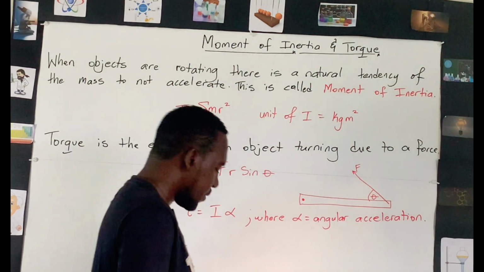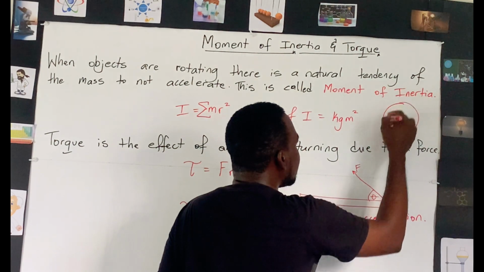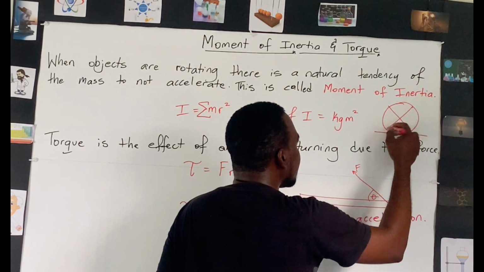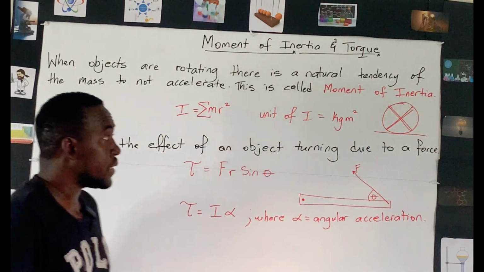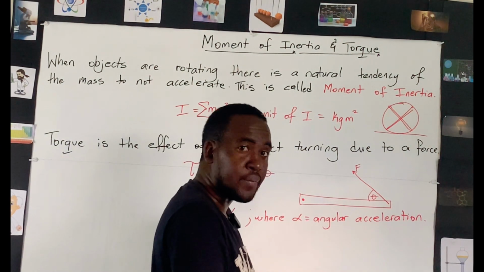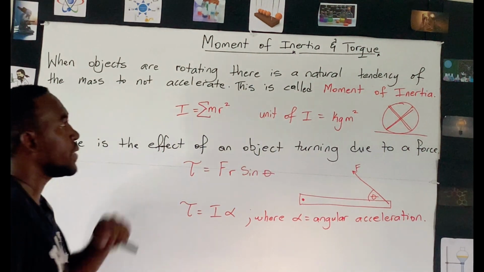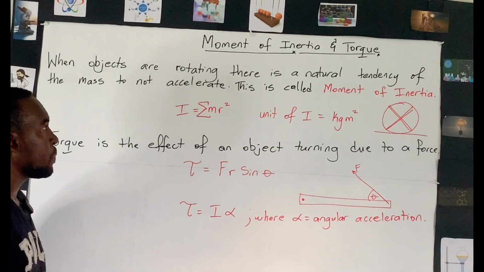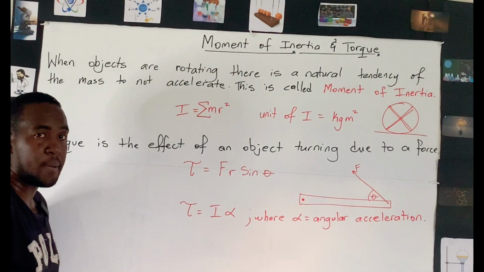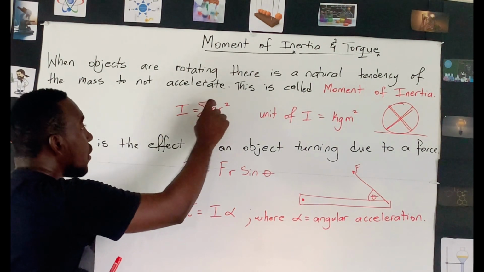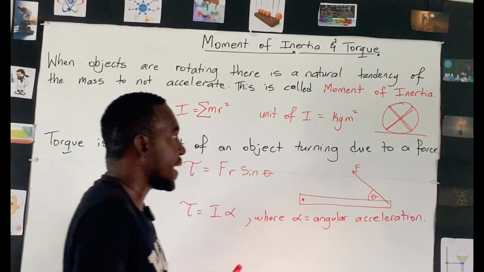So if we have a wheel that is rotating, let's say a car wheel rotating on the ground, then the natural ability of the wheel to resist acceleration in terms of that rotation is known as moment of inertia, right? Now, moment of inertia is represented by the capital letter I, and it is the sum of all the masses that are being rotated about that specific axis.